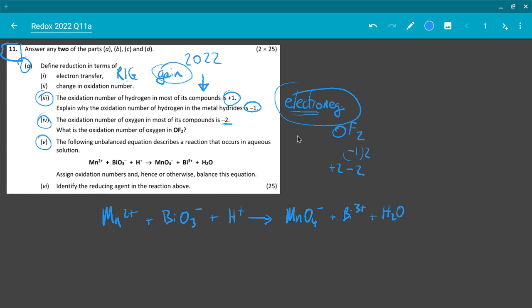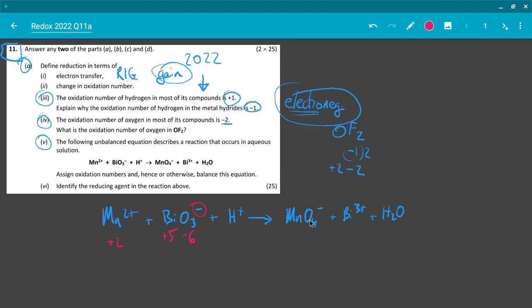Okay, so assign oxidation numbers. The charge defines the oxidation number for the ions. We've got oxygen, it's -2, but there's 3 of them, so it's -6. And the overall charge is -1, so bismuth must be +5. And then we're not interested in hydrogen.